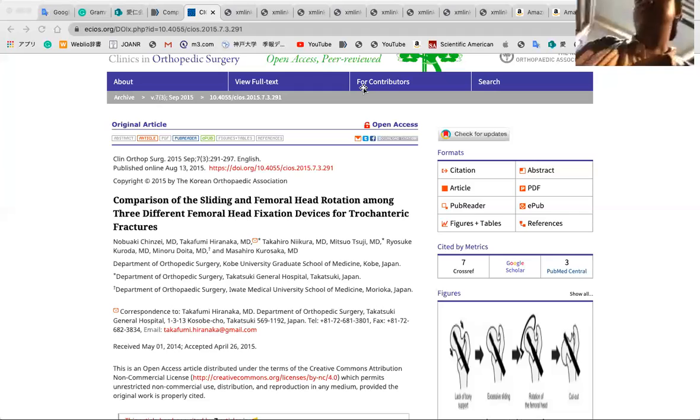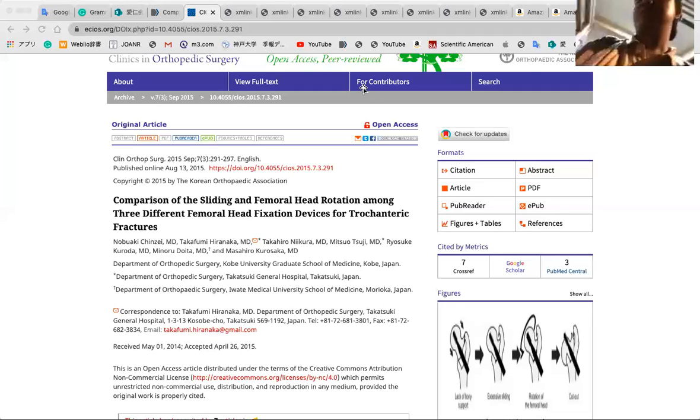But actually, anteversion should be calculated using the line between the femoral shaft center and the femoral head center.